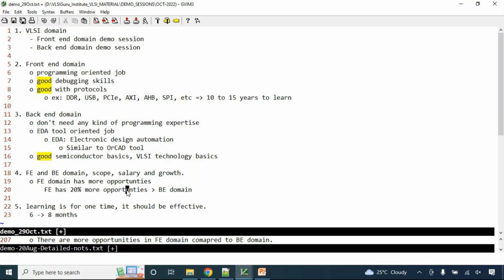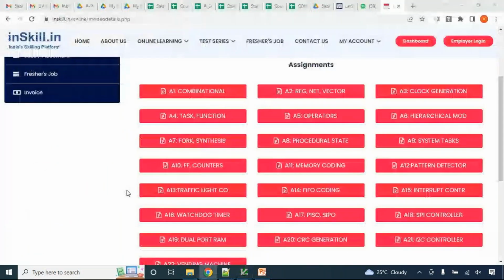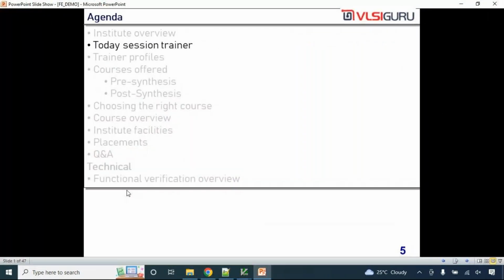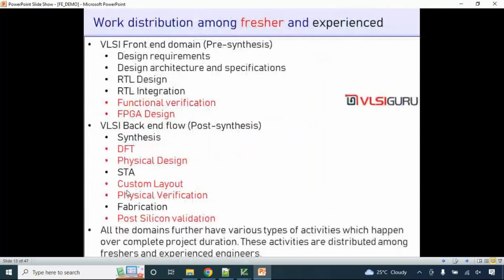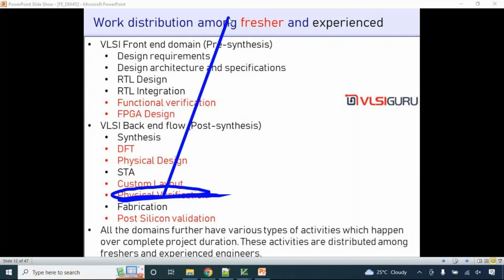In this whole flow, except for the physical verification domain, every other domain is interesting. Physical verification is the only boring domain. I mean, it won't give you much growth opportunity.